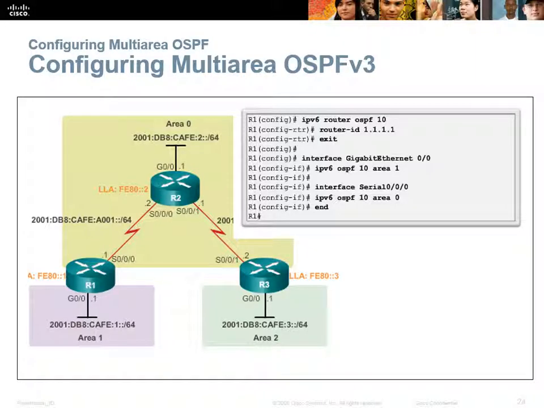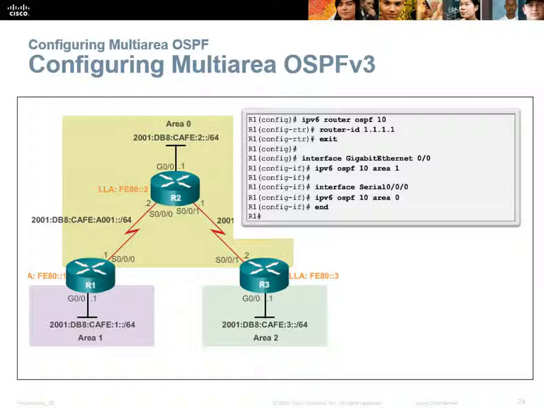If I want to do gigabit, I have got my logical link address of the FE80 ones, which would be the loopback here, 2s and 3s. Does that make sense? That's all that is. So we're on router 1. We're configuring OSPF 10.